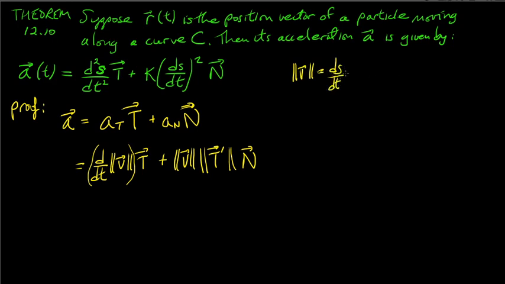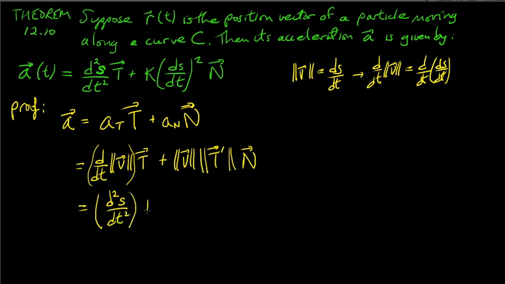It's the speed. So if we want the derivative of that, we just take the derivative of the speed, which is the derivative of s. Of course, that's just the second derivative of s, times the unit tangent vector T.